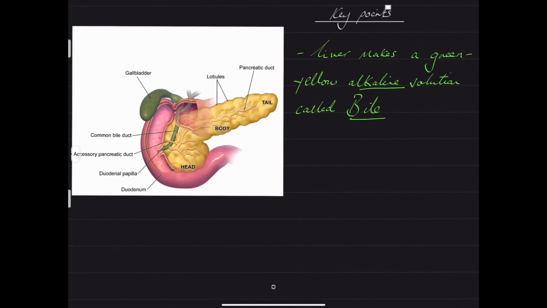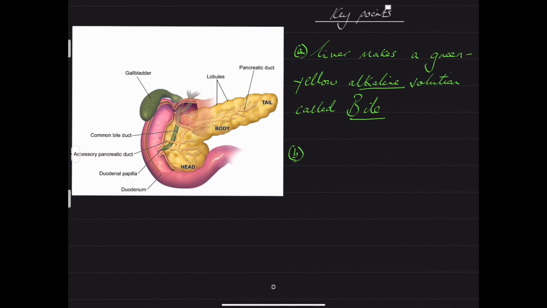Next point, so we'll call this A. Okay, so the next point is that bile drains down. Once it's made in the liver, bile drains down small bile ducts and is stored in the gallbladder.